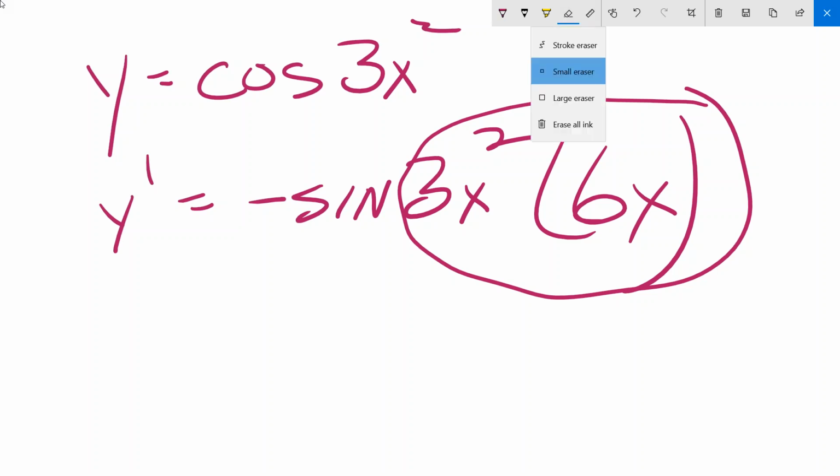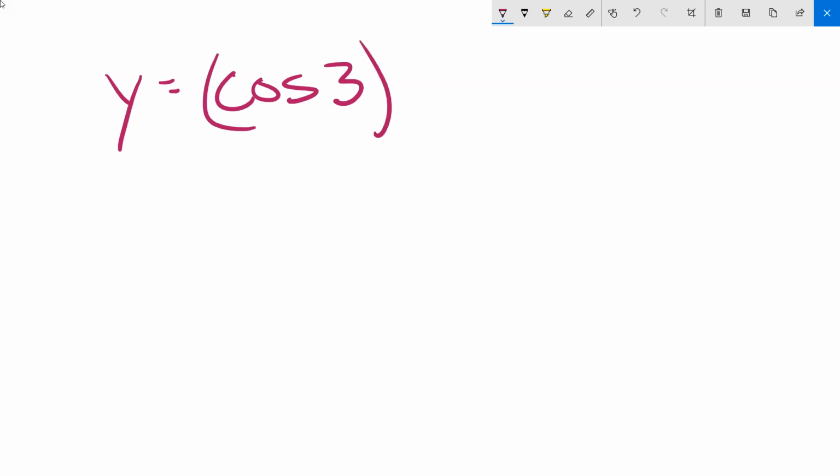Let's do this one, very similar. This is really the way to write it if I want to eliminate all ambiguities. If I want to make sure that 2x is not part of the argument, I've got to write it like this.